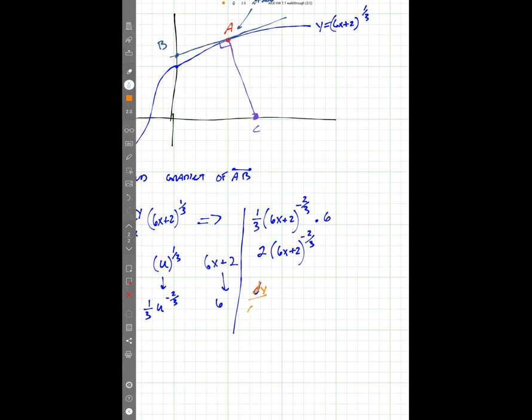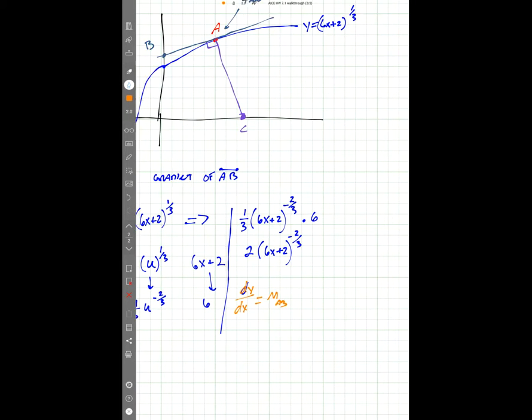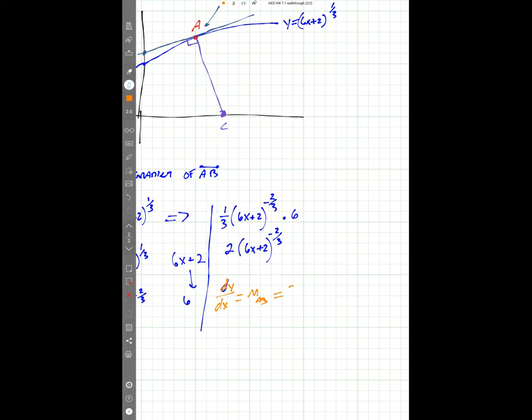So dy/dx, which is the m of AB, is equal to 2 times (6 times 1 plus 2) to the negative 2/3 power. So this is going to be 8 to the negative 2/3 power.